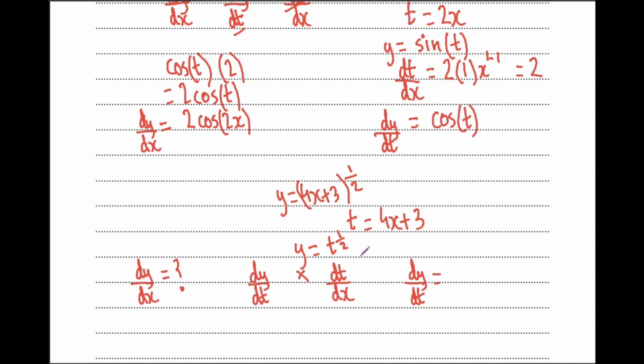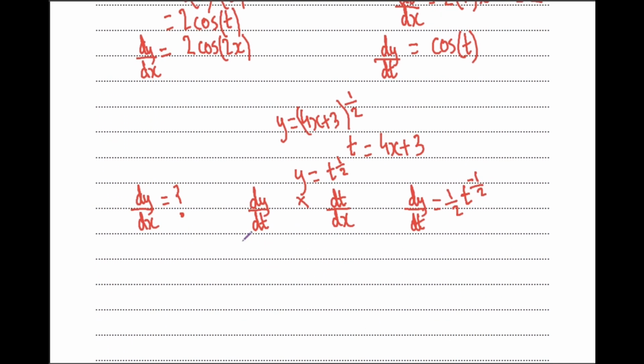dy by dt is equal to, take the derivative of this function right here. So you have a half in front, because the half goes here from the power rule, times t to the power of a half minus 1, which is negative a half. So you have that there.